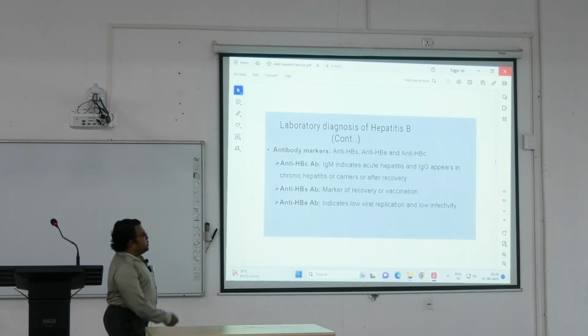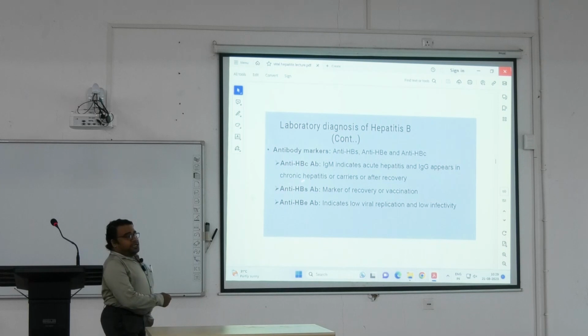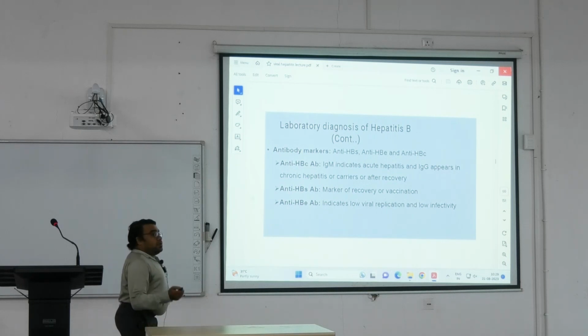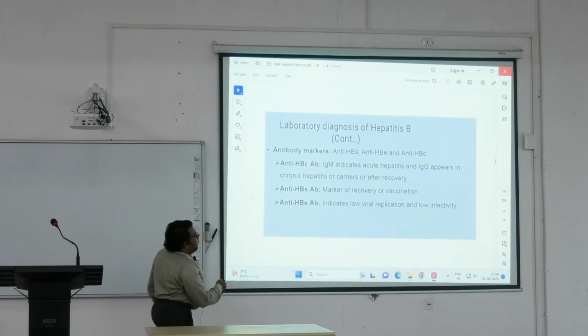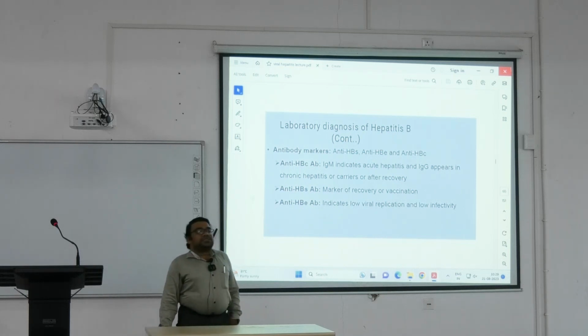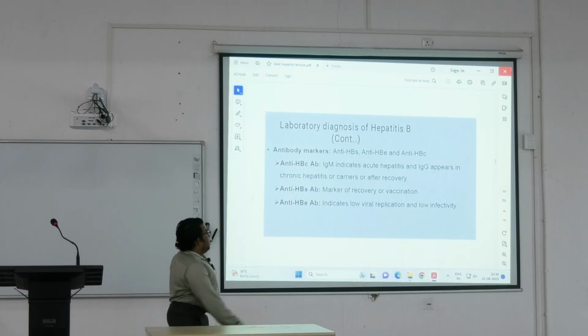The antibodies will be similar to that, that is anti-HBC antibody, anti-HBS antibody, anti-HBE antibody. Now, what do they indicate? If the core antibody is of IgM, it indicates acute hepatitis, and if it is of IgG class, it indicates past infection. Okay.